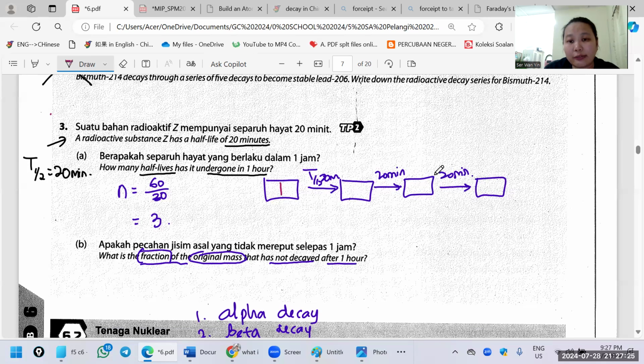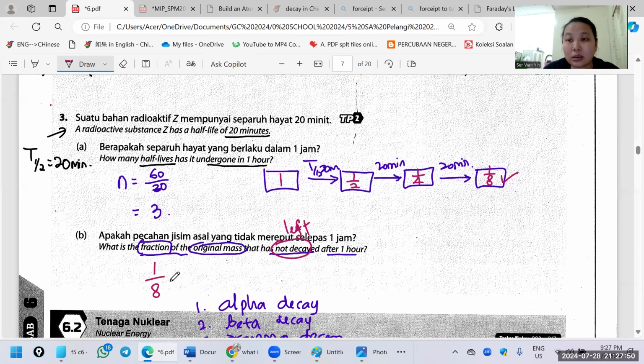So after 3 half-lives it will become half, divided by 2, half divided by 2 again, 1/4 divided by 2 again, 1/8. So the fraction of the original mass that has not decayed, means left, still stays here after 1 hour, is 1/8.